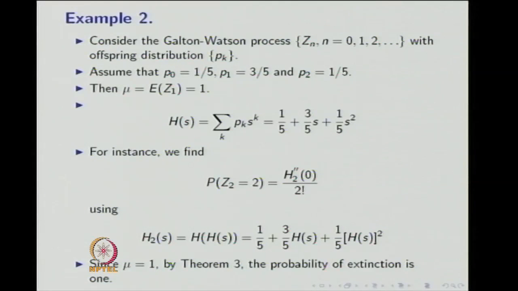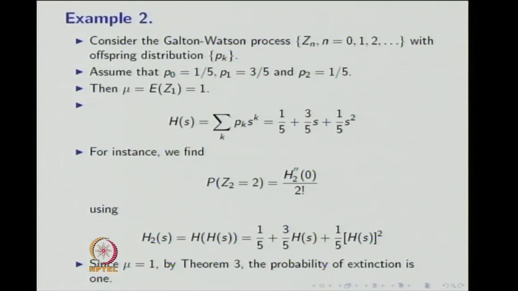Already we got the mean of Z1 is equal to 1, therefore this is a critical Galton-Watson process. Now we can find out the probability generating function of Z1. Using this, one can find the distribution of Zn also.